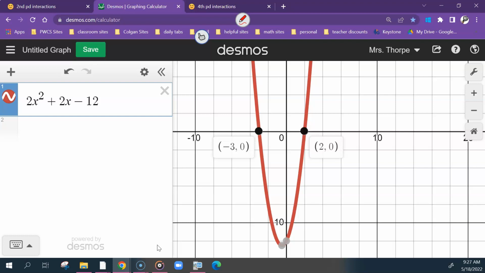You may need to zoom out to find your y-intercept. Be careful because one of the points they give you is your vertex of a quadratic. Make sure that is not the point you write down as your intercept. So negative 3, 0, 2, 0, and 0, negative 12 would be your intercepts.